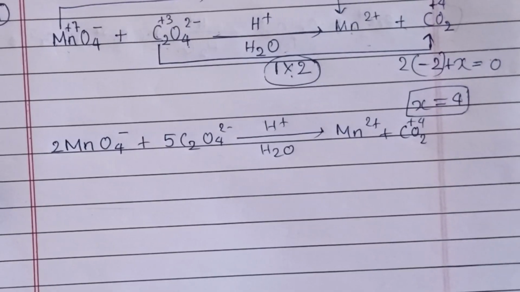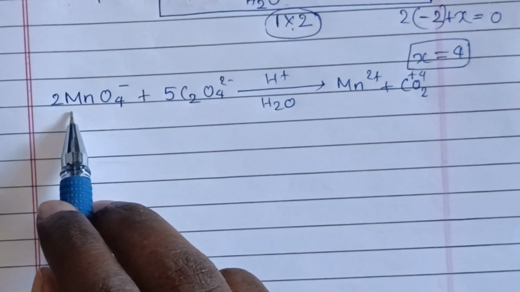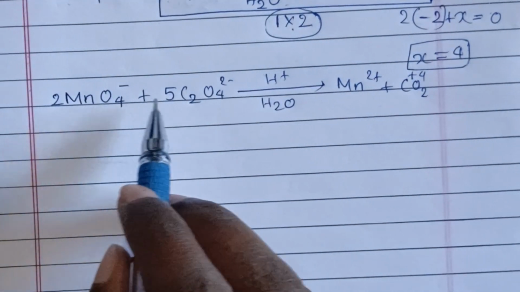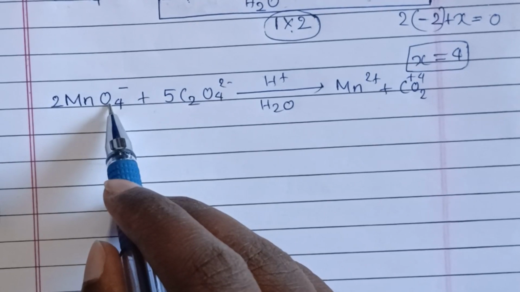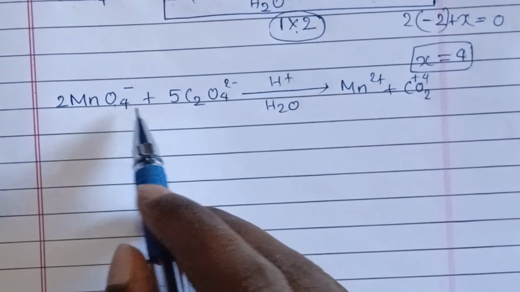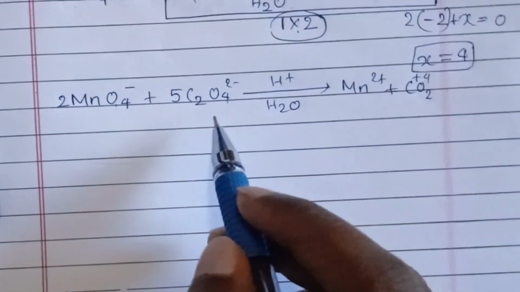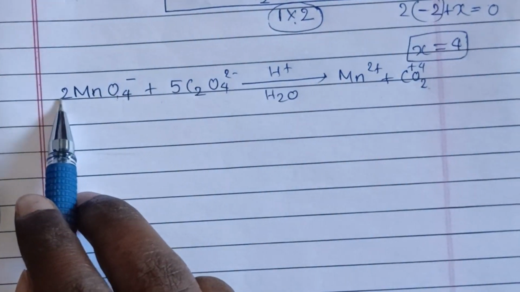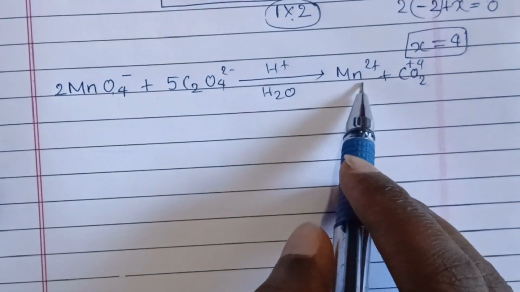Okay, after this what you have to do is, now you have to balance all the other atoms, all atoms which you are seeing, but except oxygen or hydrogen. Here in this case there is no hydrogen present, so I don't have to check it. But oxygen, there is oxygen, but I don't have to check balancing of oxygen right now. I just have to check how many other atoms are there here and whether it is balanced here or not.